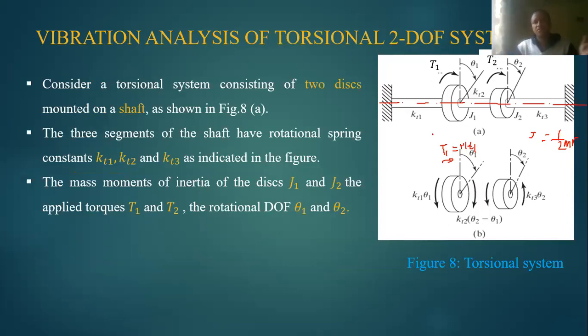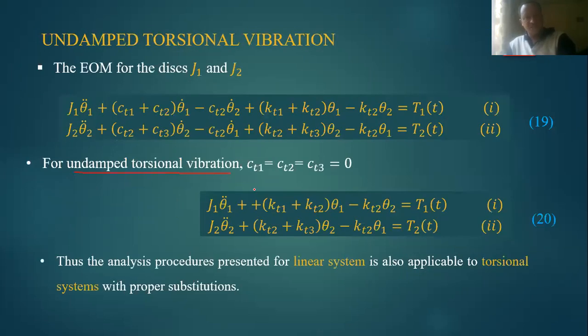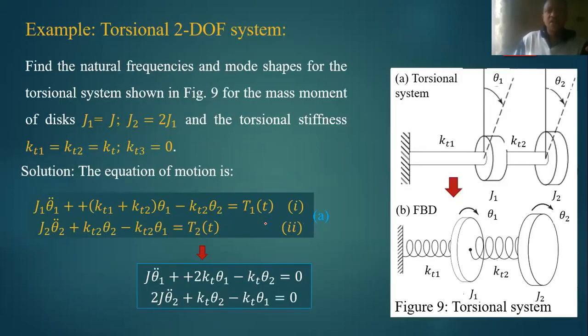Sometimes our flywheels are rotating in some viscous damping condition, because if it is working in a fluid media, there may be viscous damping in an actual case. So the next procedure, which we have seen for the linear system, is completely the same. It is a simple substitution of some parameters into this system.